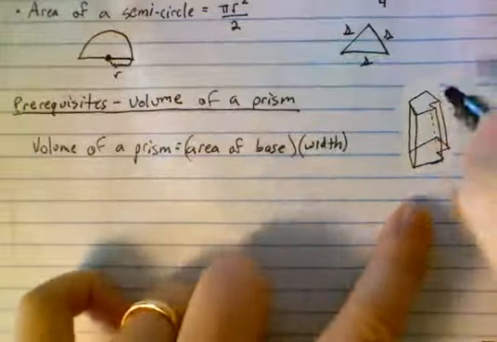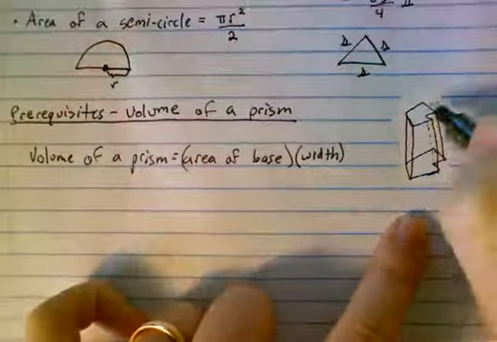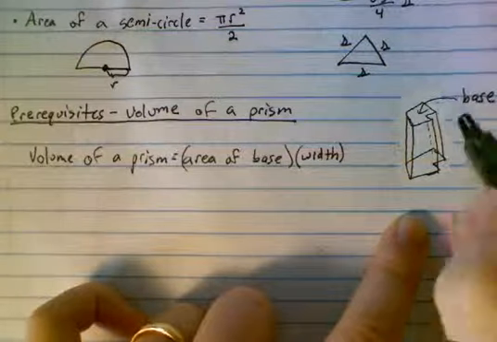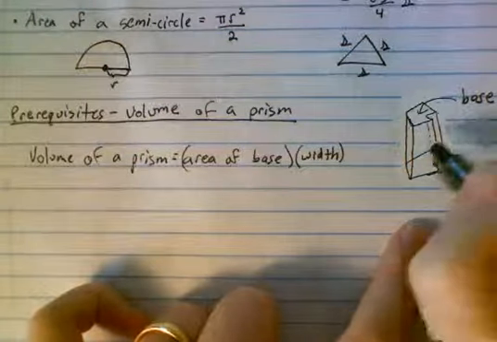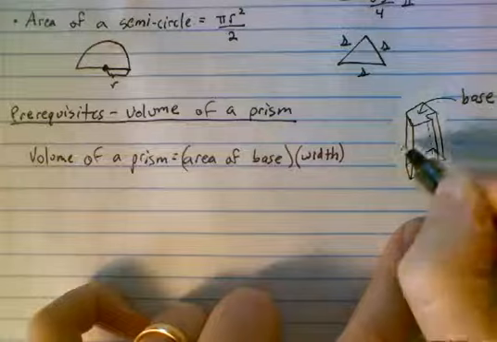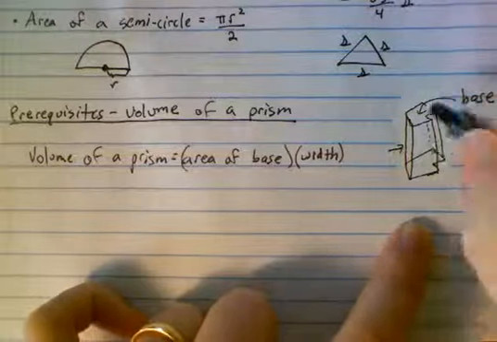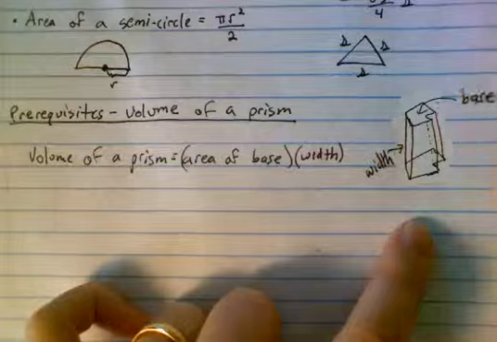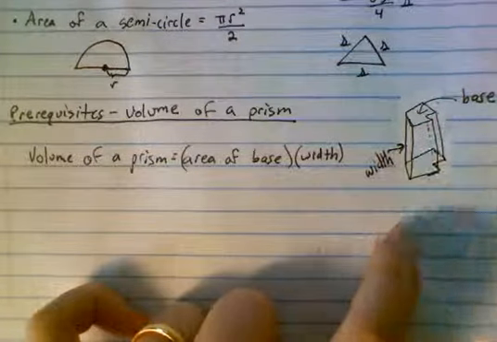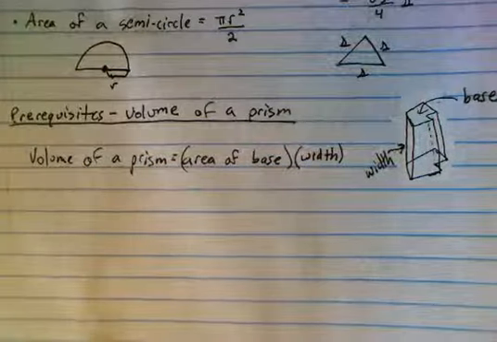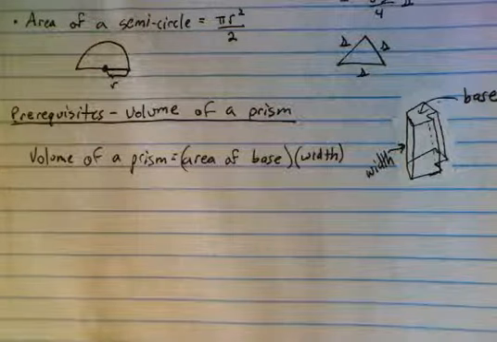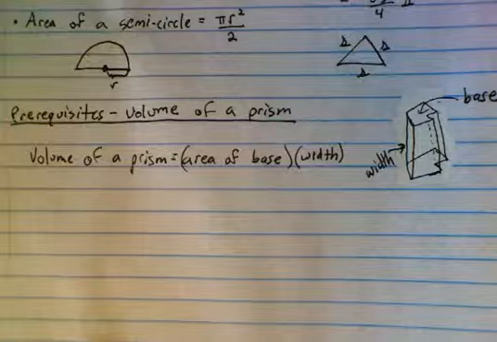It's the same idea. This is the base, this area right here, whatever the funky shape is. And then the height or the width is this right here. So this is true for everything. Whenever we have a base, whatever that area is, we're going to multiply by the width or height, however we want to think about it.